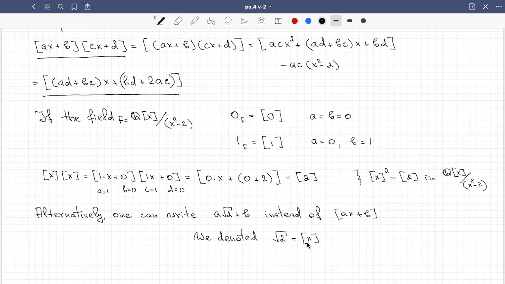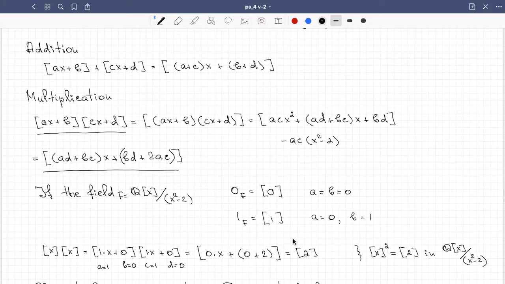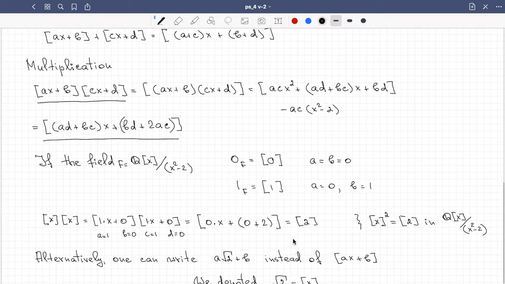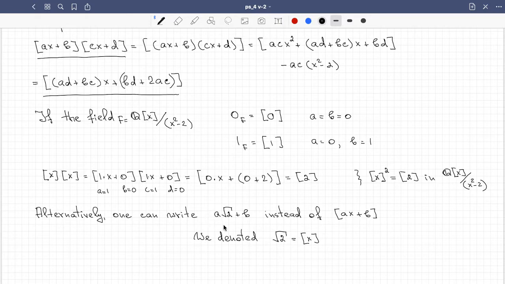Now it is easy and I leave it on you to check that our operations of addition and multiplication coincide with what you usually think about if you multiply and add these numbers.